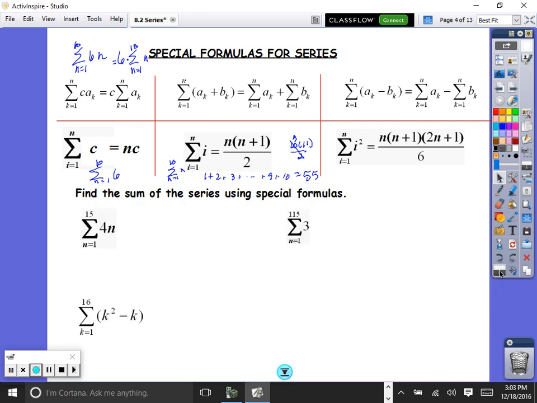So here are a few examples of those special rules. I'm adding up the first 15 terms of 4n. So again, I see a constant times a rule. So I could take the constant times the sum of the first 15 terms of just n. Now, I'm here at this rule. So it means 4 times, I'm adding up 15 times 1 more divided by 2.